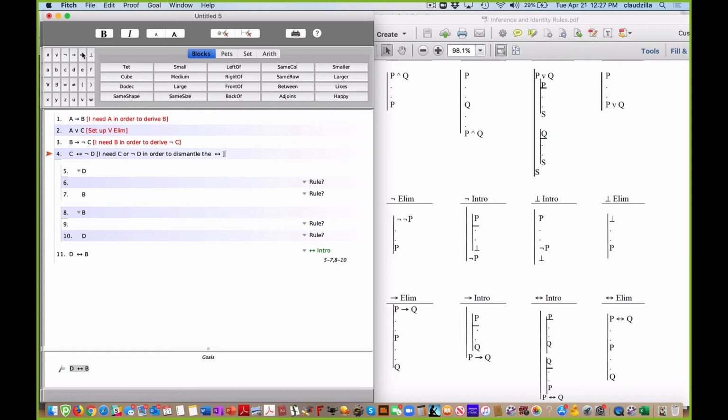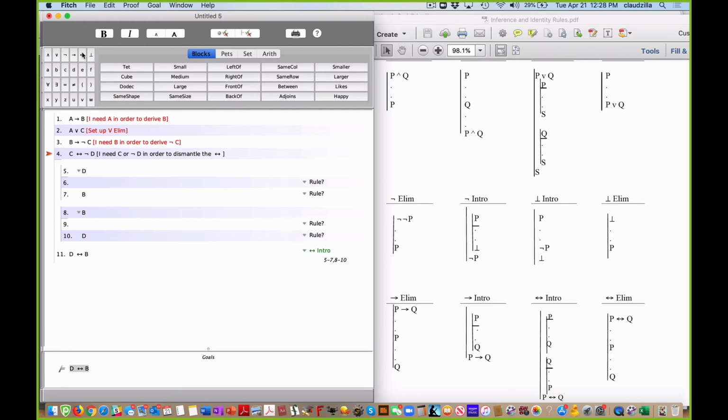Take a look at line 3, take a look at line 2 and 4. Take a look at line 1, take a look at line 2. Take a look at line 1 and line 3. Do you see how there are several ways that you can proceed?